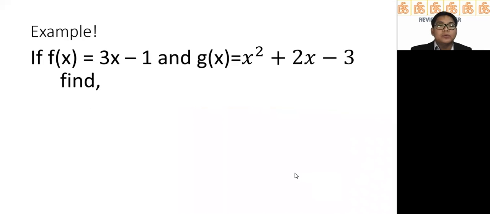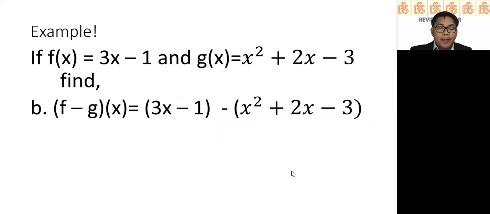Let's proceed to example number 2. This time, the operation is subtraction, but the values are the same, 3x minus 1 and x squared plus 2x minus 3. In that case, if it is subtraction, it is easier to simplify or to combine terms when you change the sign of the subtrahend.